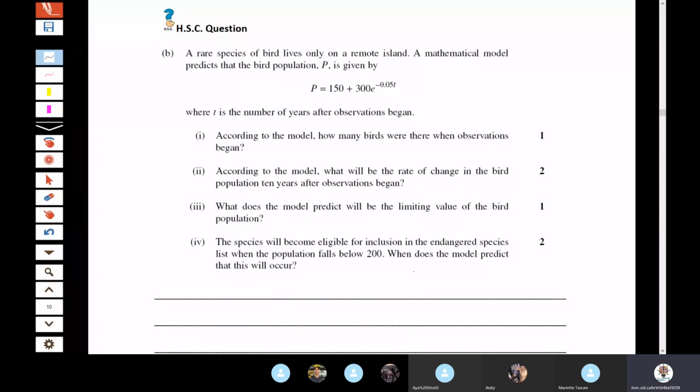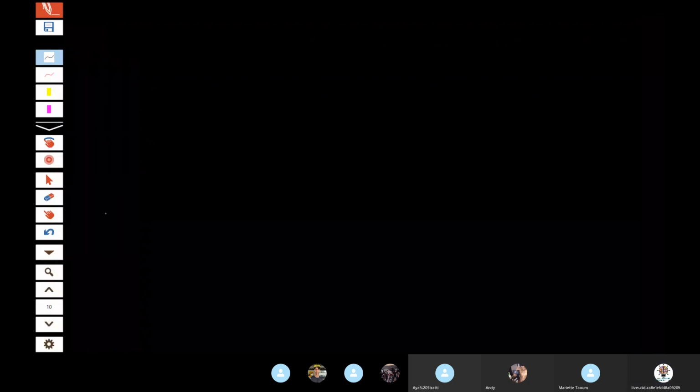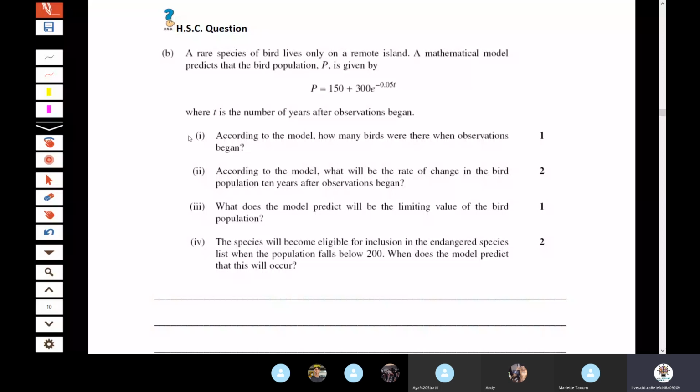All right, let's have a look at this. A rare species of bird lives only on a remote island. A mathematical model predicts that the bird population is given by this. From last week, we also remember this can also be called Newton's laws of cooling, right? Because there's an extra term.